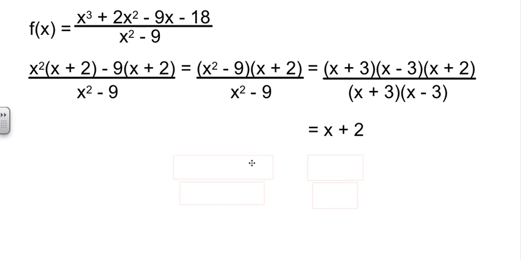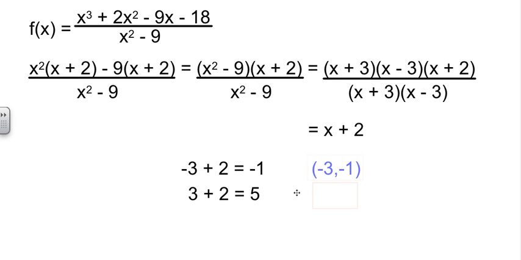At x equals negative 3, and at x equals 3. So I'm going to plug negative 3 and 3 into this function that they gave me. Negative 3 plus 2 is negative 1, so I have a point at negative 3, negative 1. I get a hole there. 3 plus 2 is 5, so I get a hole at 3, 5.